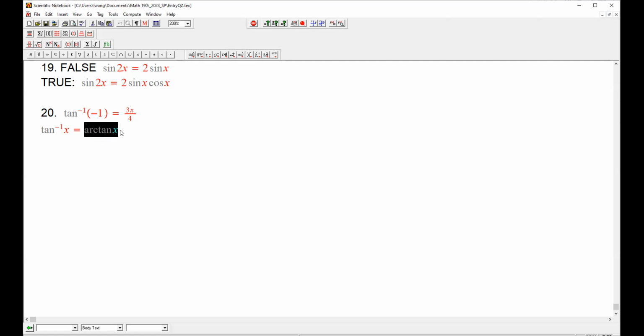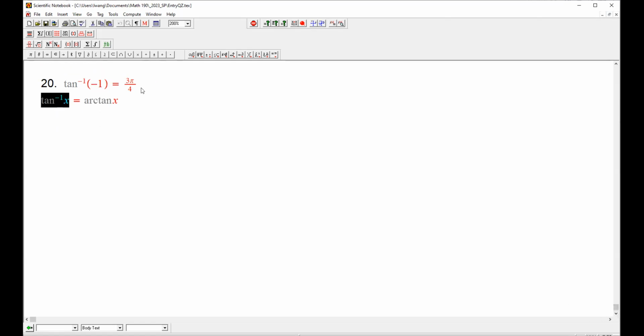Okay, this is a classical way to represent it, and this is the modern way mathematicians are using this notation. I know the notation is confusing, but you need to understand tangent inverse is arctangent. The domain and range are spelled out. Okay, the domain is all real numbers.